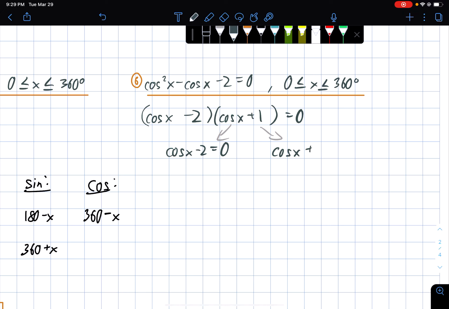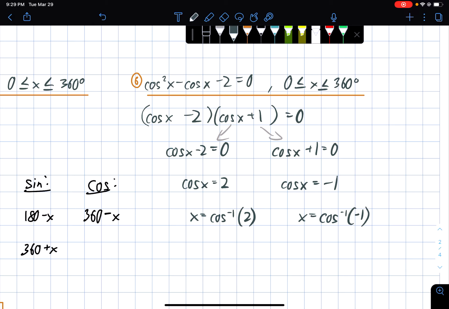Cos x plus 1 is equal to 0. Cos x is equal to 2. X is equal to the arccosine of 2. Cos x is equal to negative 1. X is equal to the arccosine of negative 1. X is equal to, okay, use your calculator. X is no solution, or X is undefined.